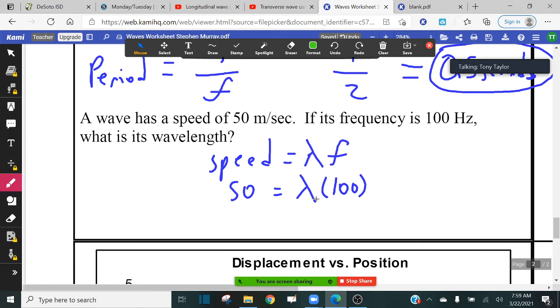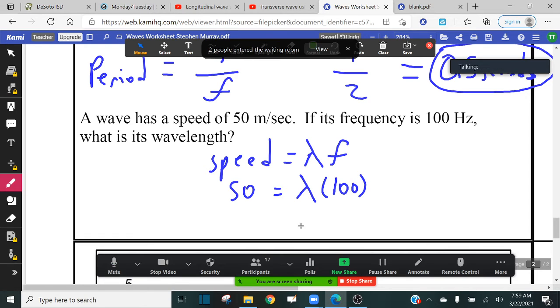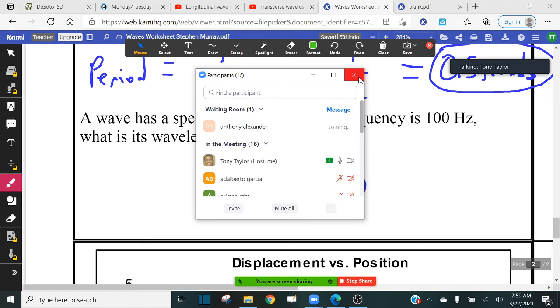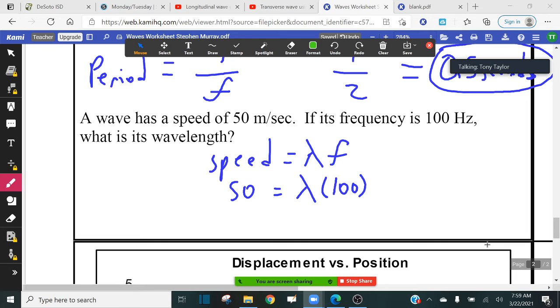Now I want to solve this equation for wavelength. How do I do that? In order to solve this equation for wavelength, remember, we do the opposite of multiplication. It's dividing. So I'm going to divide this side of the equation by 100. Whatever I do to one side, I have to do to the other.